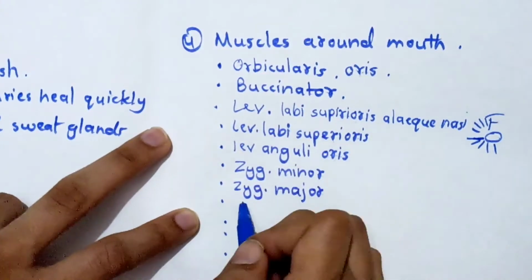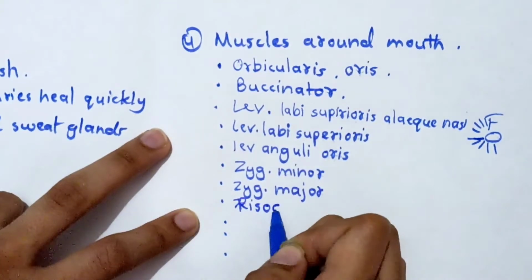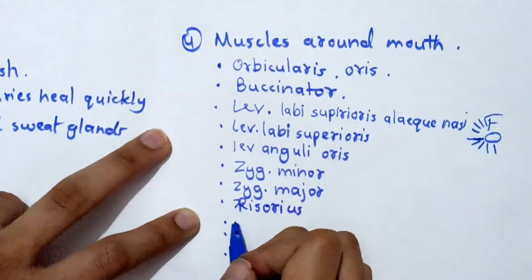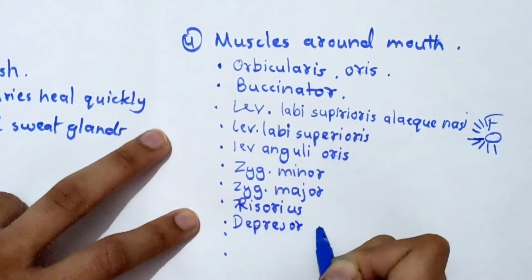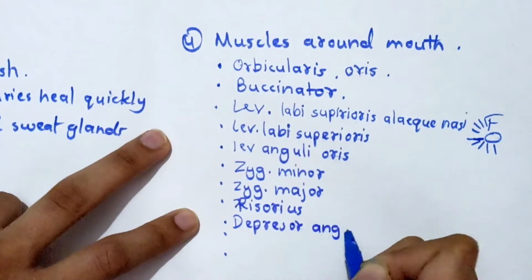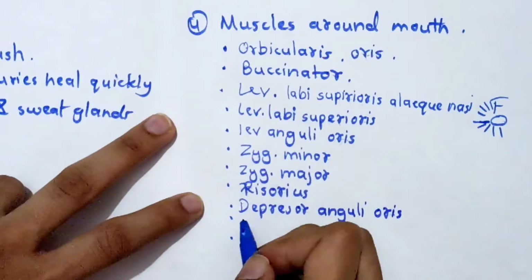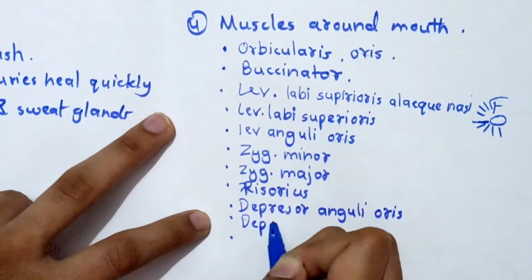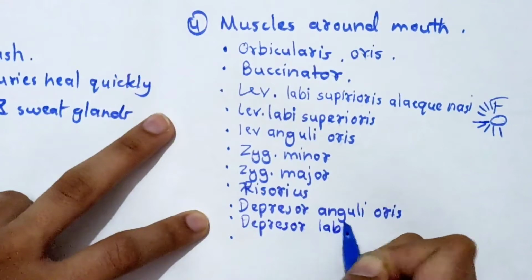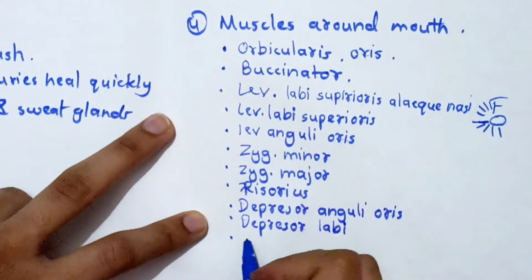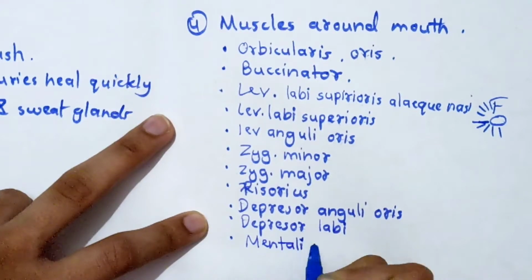Below the buccinator we have, first of all, risorius, then depressor anguli oris, then depressor labii, and in the last we have the mentalis muscle.